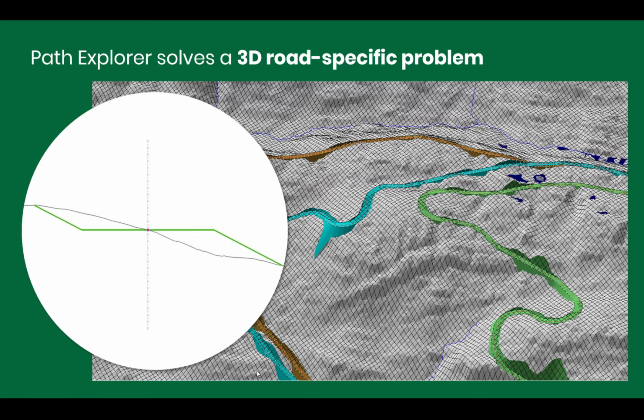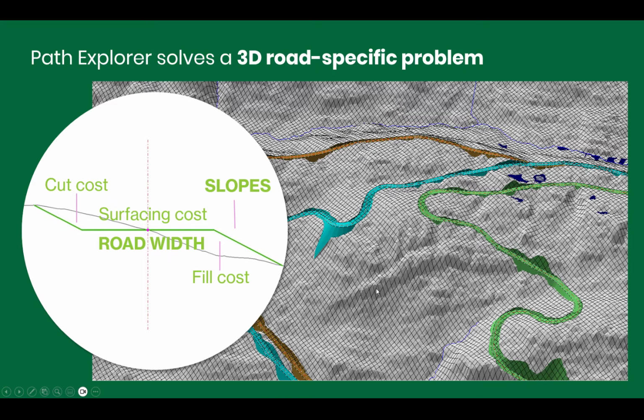In order to do this, we look at only a few elements of the road to get the best approximations of earthworks and be able to solve the problem in a matter of minutes. So we look at things like the road width, your cut and fill slopes, and three buckets of cost: your cut cost, your fill cost, and your surfacing cost. So this is Path Explorer.